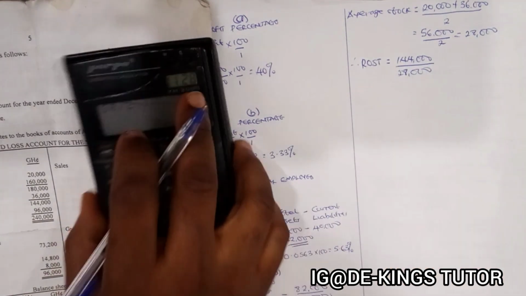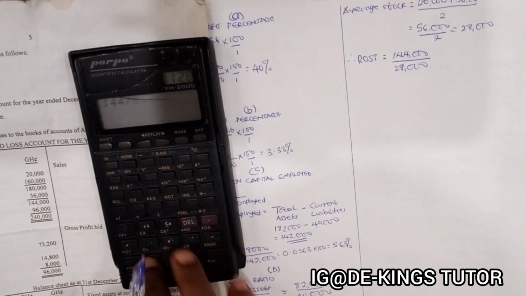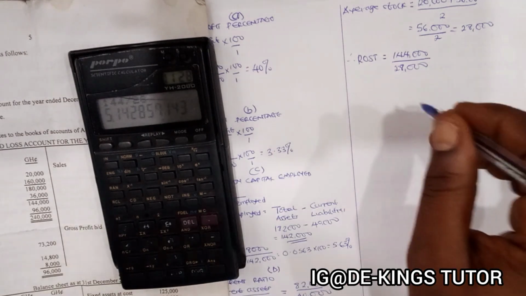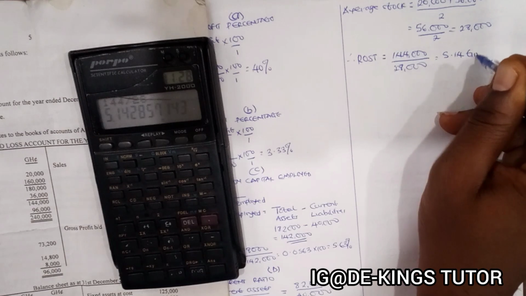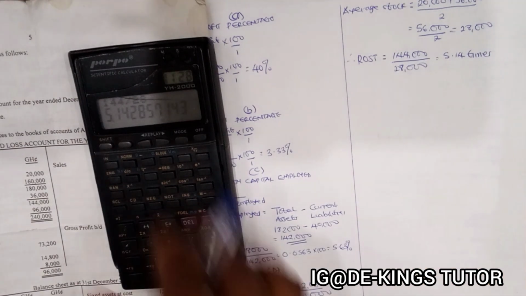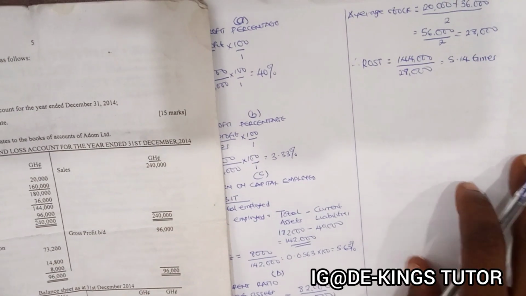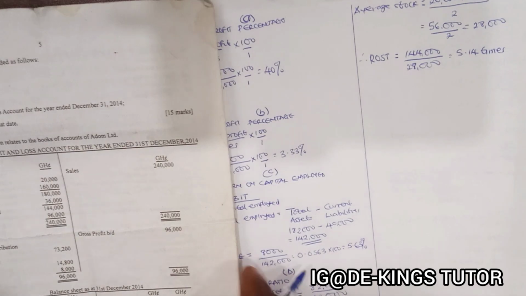Okay, so if we do that, 144,000 divided by 28 will give us 5.14 times, because the rate of stock turnover is talking about how many times. Okay, so it's approximately 5 times. So that is the rate of stock turnover.